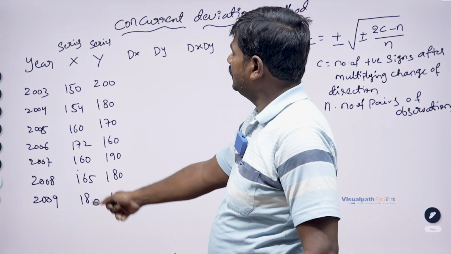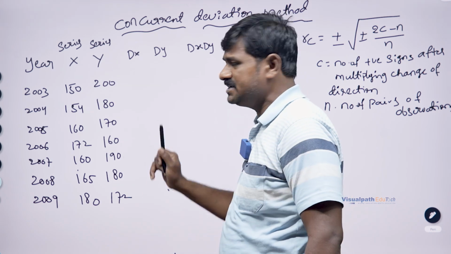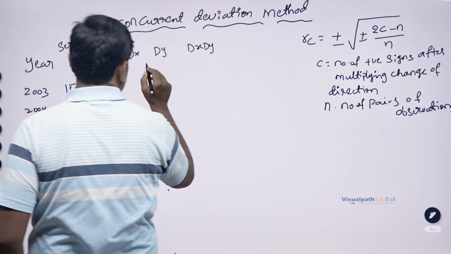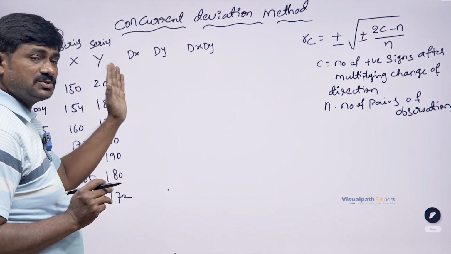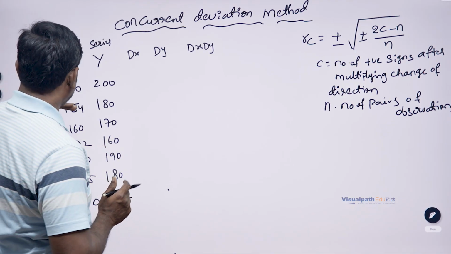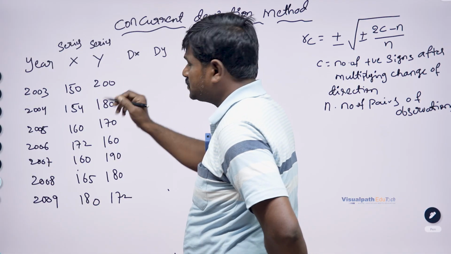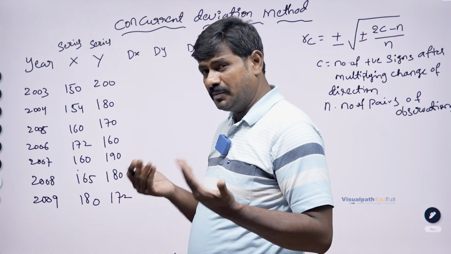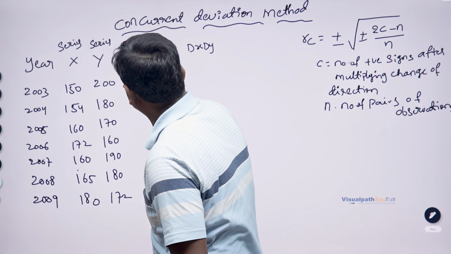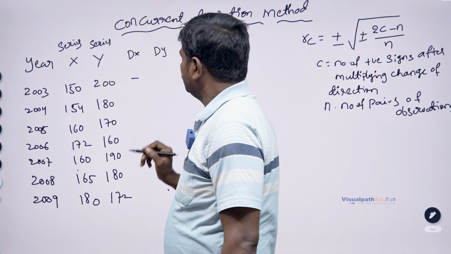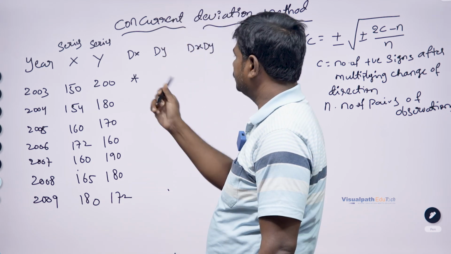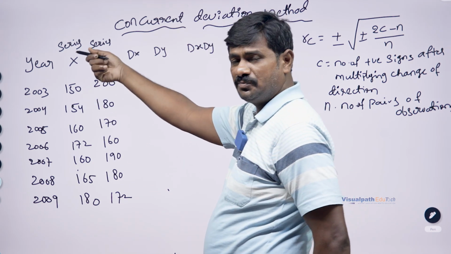Here we have the X series information and the Y series information. First of all, we have to find dx and dy. To calculate dx and dy, we need to identify the direction. For example, what about the 2003 sales of 150? It may have increased or decreased from 2002, but we don't have that information, so we leave it. The first point we leave, marking it with a cross or star, and we should not compare it, because there is no previous information.